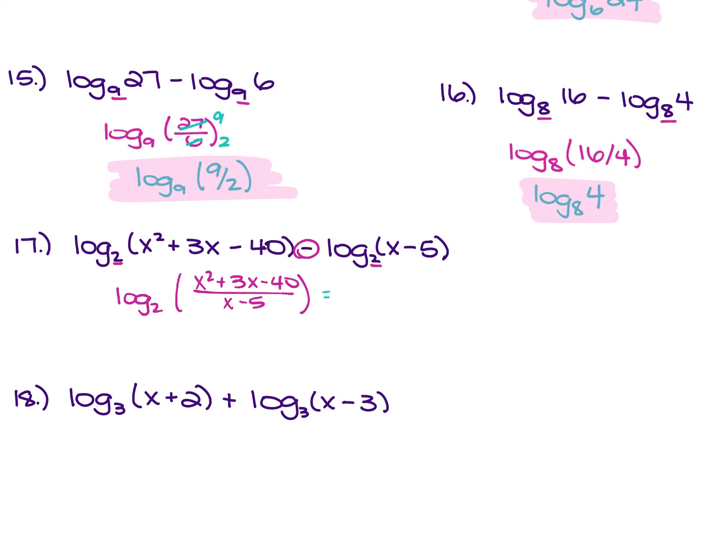Your factors of negative 40 that add up to be 3 are 5 and 8 if the 5 is negative. So this simplifies to be log 2 of x minus 5 times x plus 8 all over x minus 5. Does anything simplify? Yes, you have the x minus 5 on the top and the bottom, so they cancel. So this is just going to give you log 2 of x plus 8.